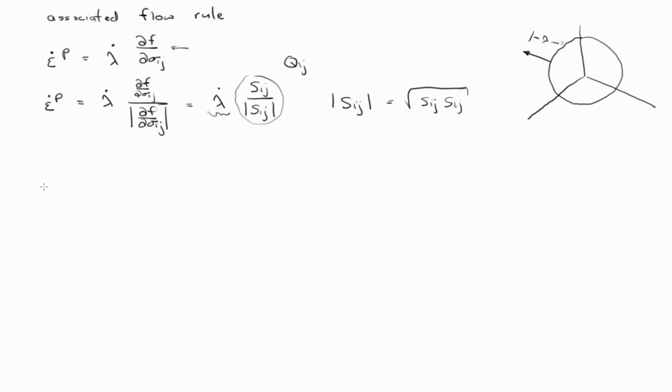So if we return to the problem, now we have this d lambda dp, and now it was Sij, right? So if we compute Sij under those circumstances, we did it last time. You can just look back in your notes.